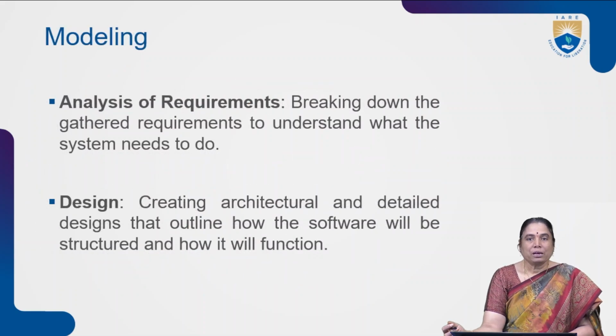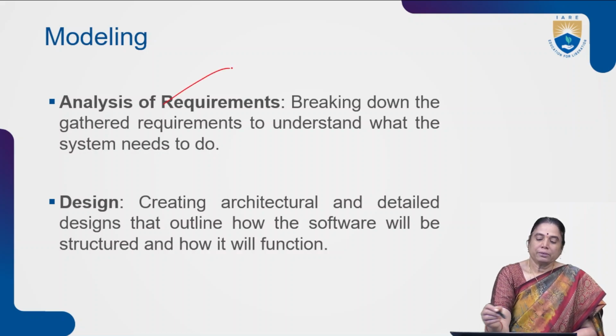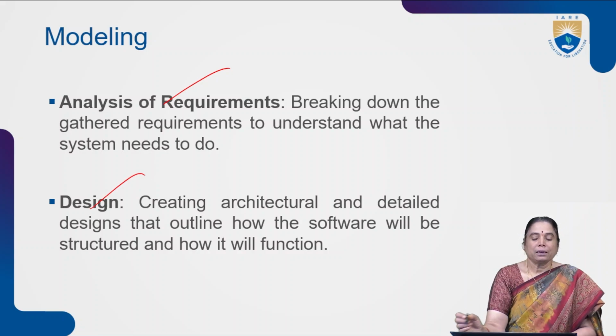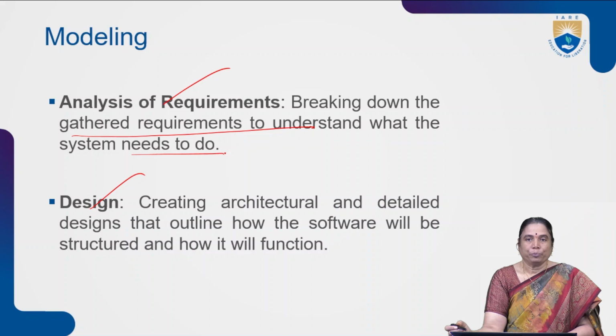The next framework activity is the modeling activity. The modeling activity comprises two tasks. One is analysis of requirements, the next one is design. In the analysis of requirements, breaking down the gathered requirements to understand what the system needs to do. So here the requirements are discovered, prioritized, categorized, and validated.